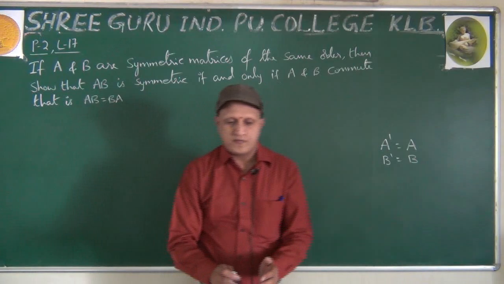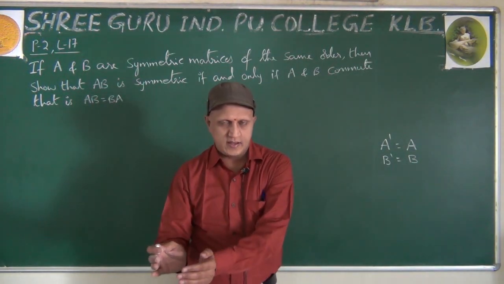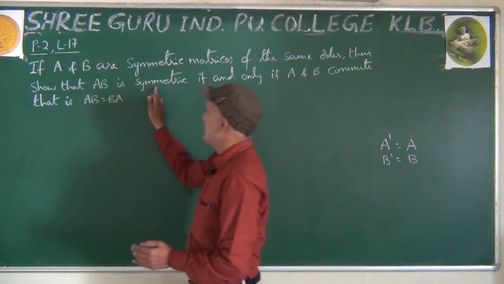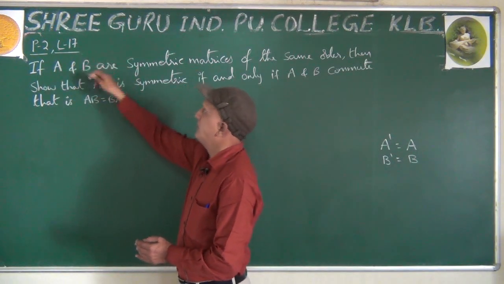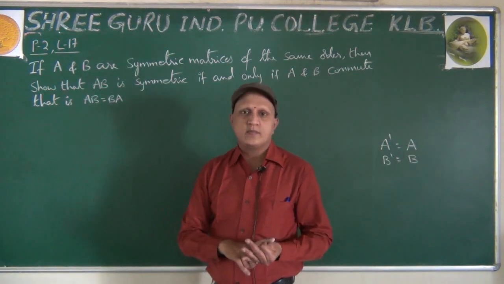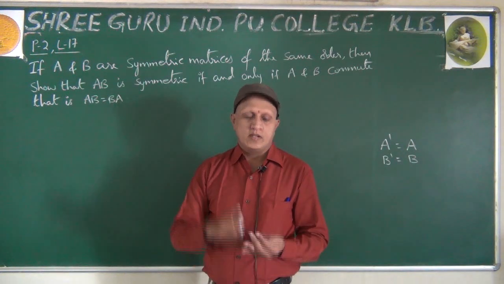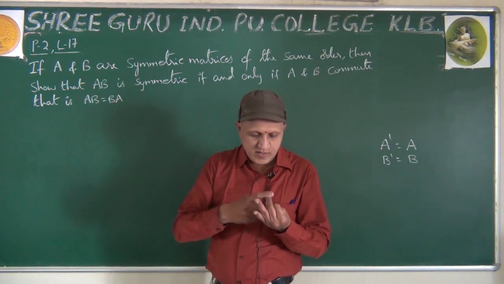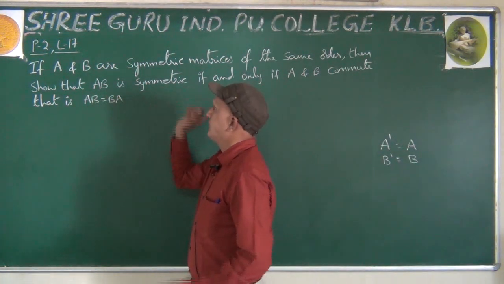So if AB equal to BA, then prove that AB is symmetric, and one more condition is given: A and B are symmetric. A is symmetric, B is symmetric, AB equal to BA. Then prove that AB is symmetric.